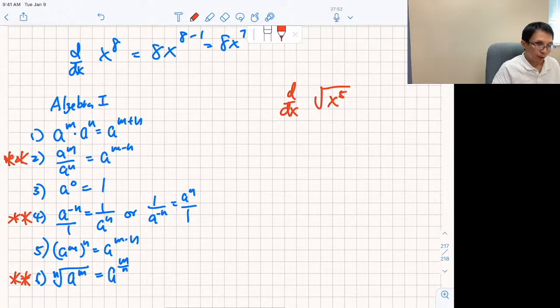Before you take a derivative, you're going to follow rule 6 to change that.